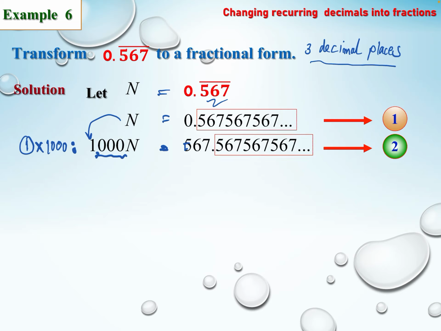After that, you can see they have the same tail, the same repeated decimal places. So we take equation number 2 minus equation number 1.